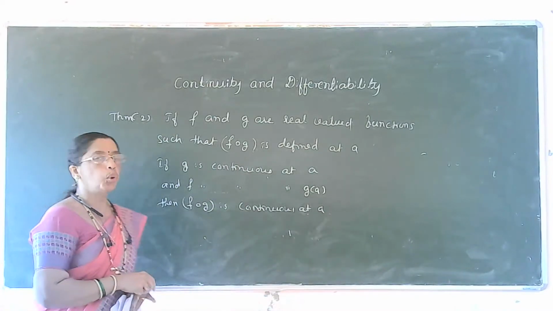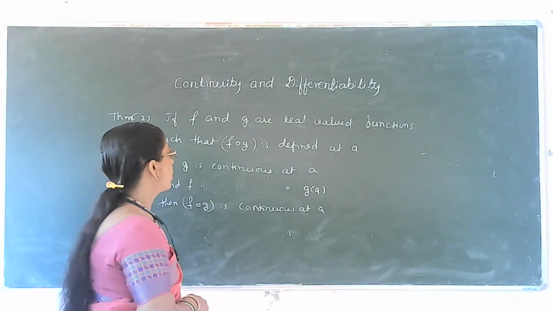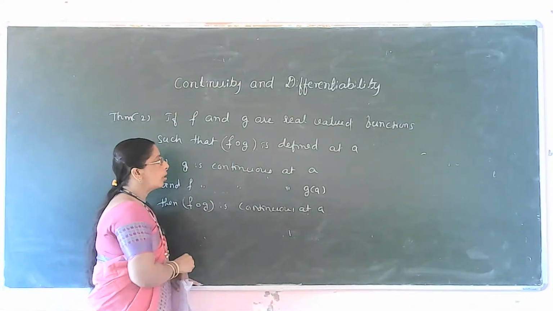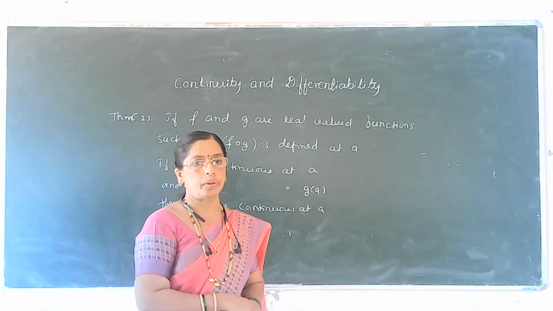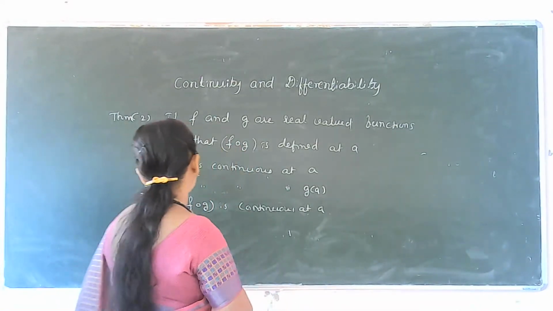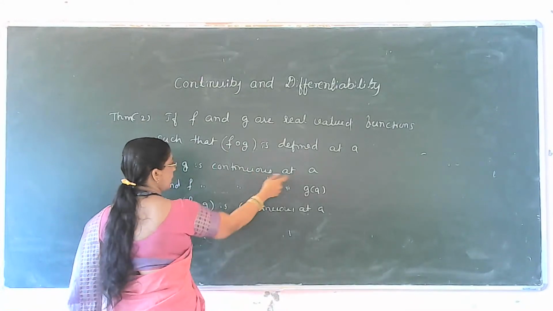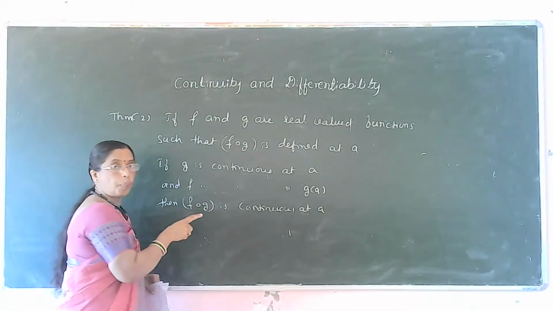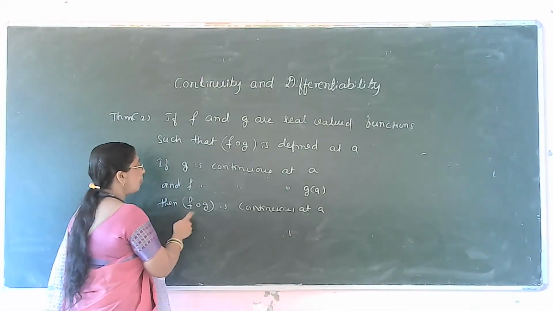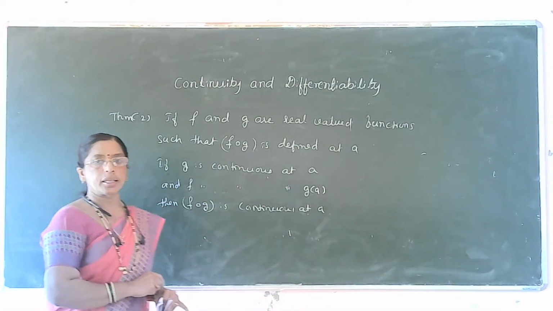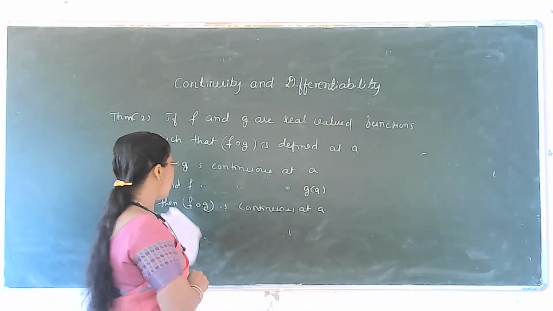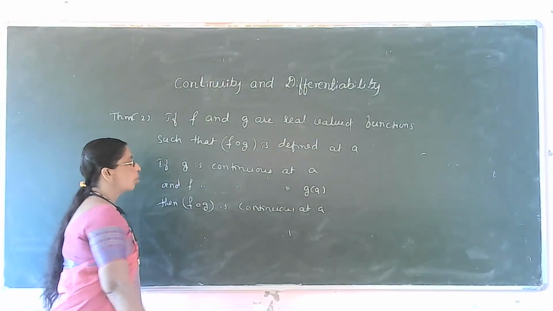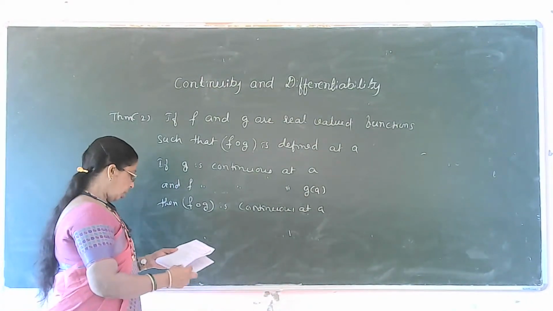If f and g are two real valued functions such that f naught g is defined at a, and g is continuous at a and f is continuous at g of a, then the composition f naught g is also continuous at a.